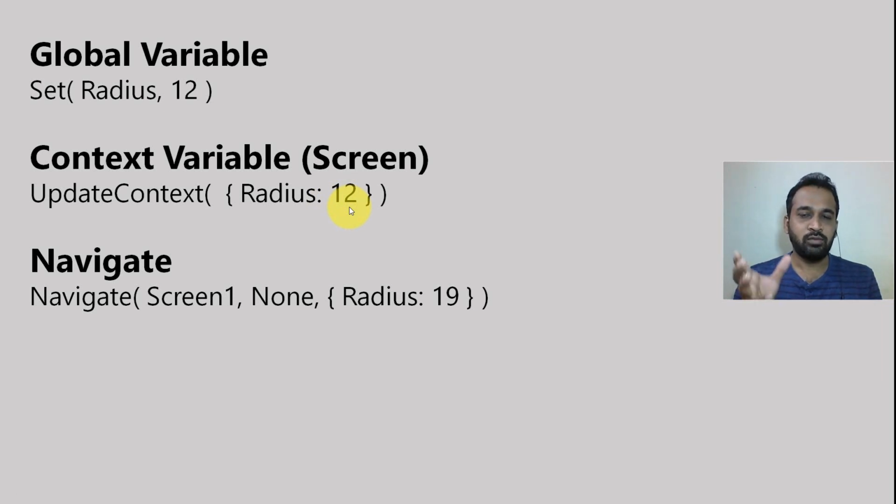If you want to pass a value from one screen to another screen, then we can use this one: Navigate(Screen1, None), and then we can define the variables here.